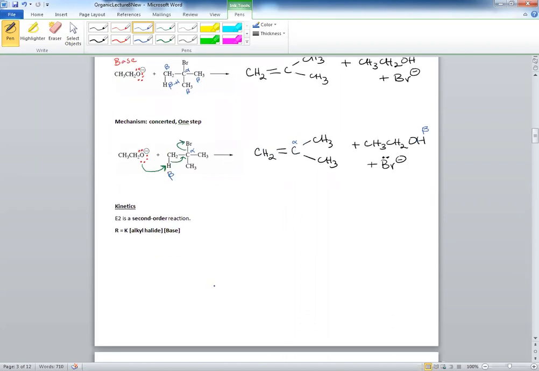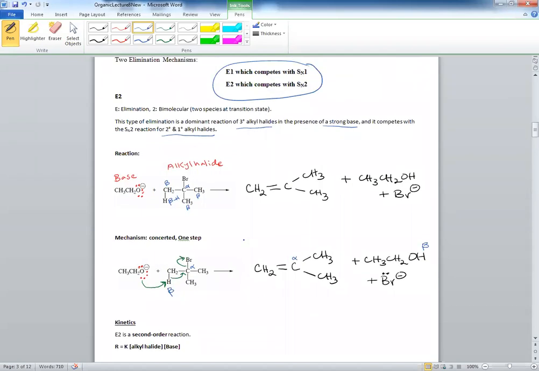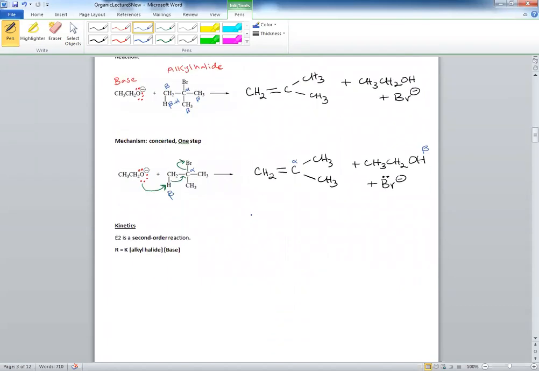What you should be aware of is that the kinetics of E2 is a second order reaction, as we said above, since there are 2 species at the transition state. So again, you double one, you double the rate, you double both, you quadruple the rate, etc. Look how it's a base here.